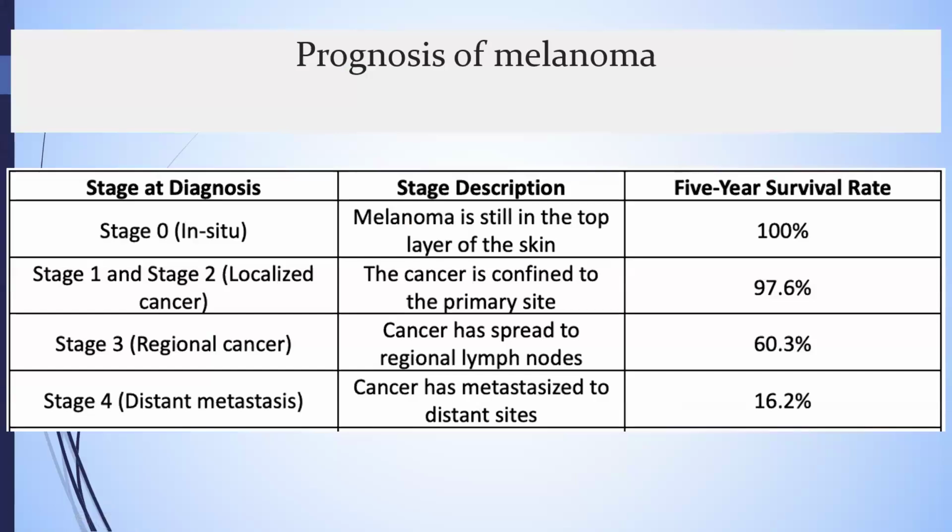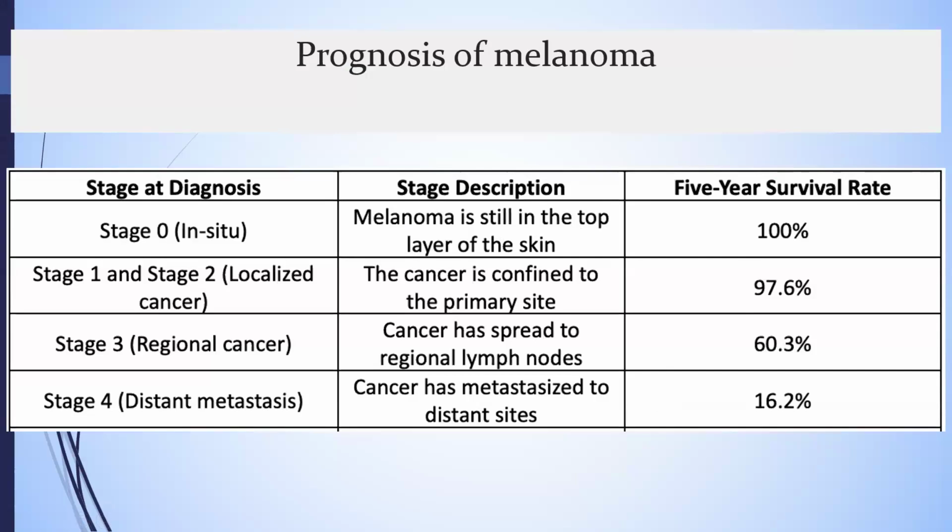So why am I pestering you with these stages? Because when it is in situ, in stage zero, in the top layer alone, your 5-year survival rate, that is the chance that the patient will live for the next 5 years, is going to be 100%. Whereas in stage 1 and 2, in the epidermis, it is 97.6%. And down the ladder, if it is stage 4 with distant metastasis, it's just 16.2%.